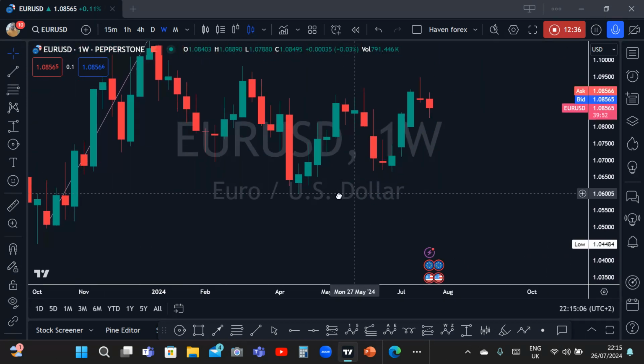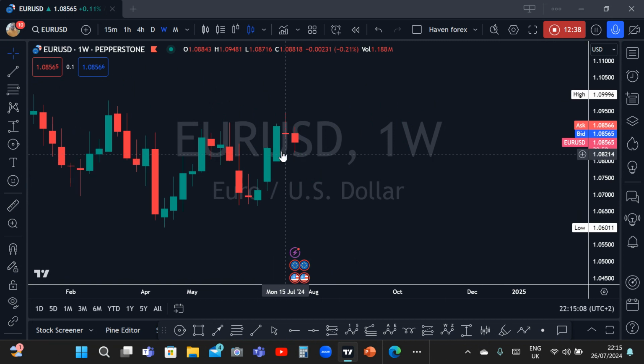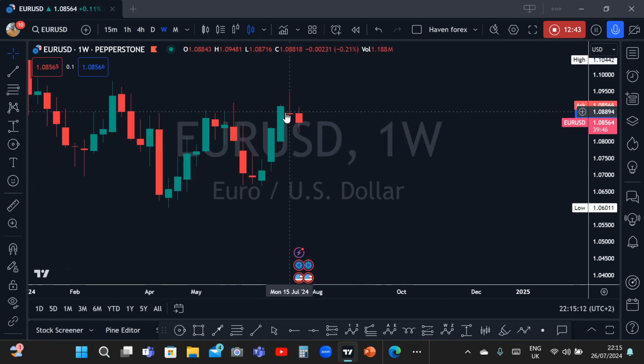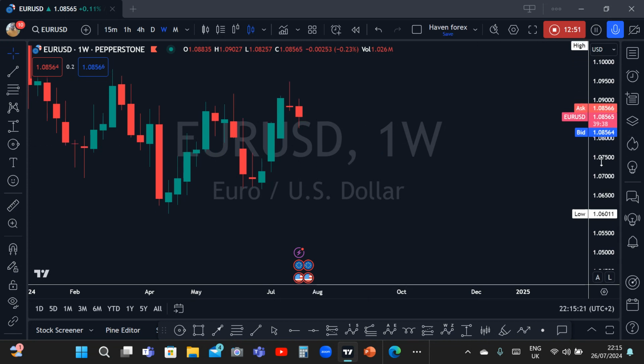Look at it here. Now look at this very one here. If I ask you, you will know, this is what we call evening star formation. It's very clear. Very, very clear.